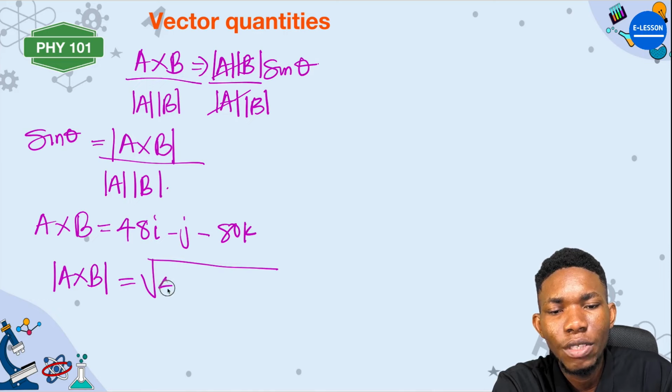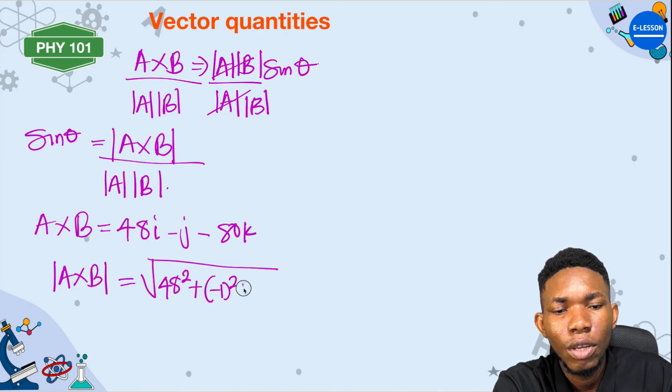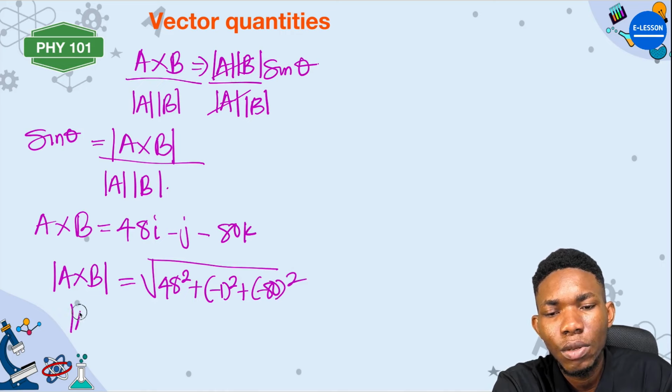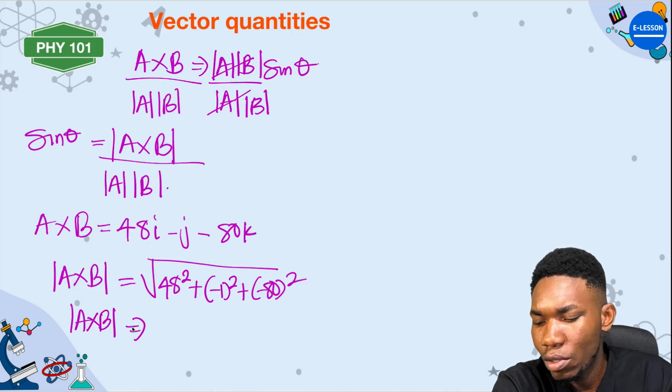The square root of everything you have here is 48 square plus minus 1 square plus minus 80 square. So A cross B magnitude will be equal to, 48 square is what? My dear students, let me just do it at once.